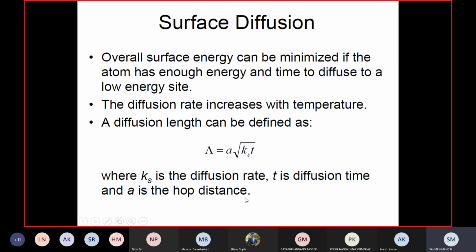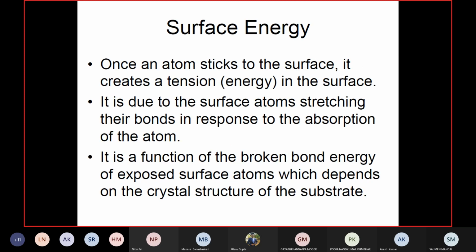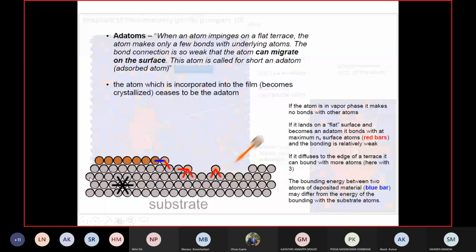So what is hop distance? In this slide, if you see, an atom is sitting here, let's say, and it has already made a bond with the bottom atom. Then it will come here and make a bond here with the nearby atoms. Then it will come here.